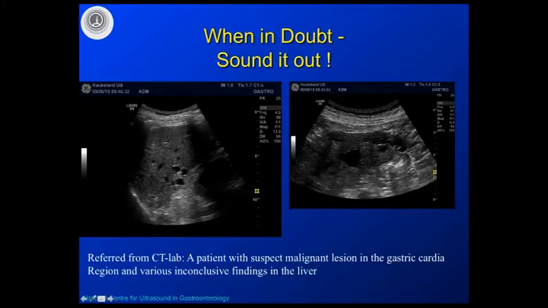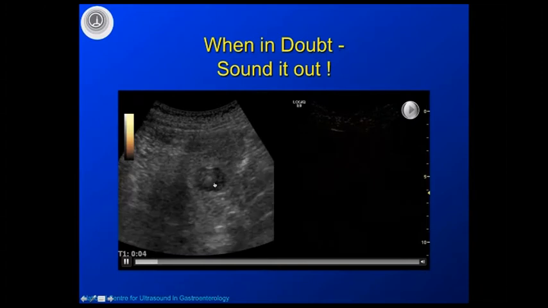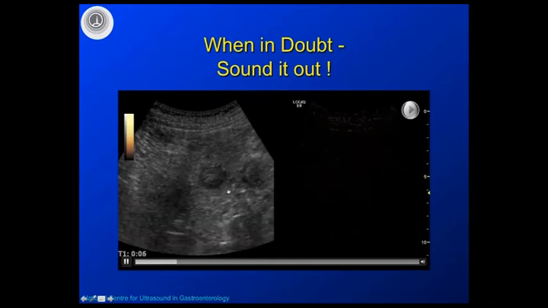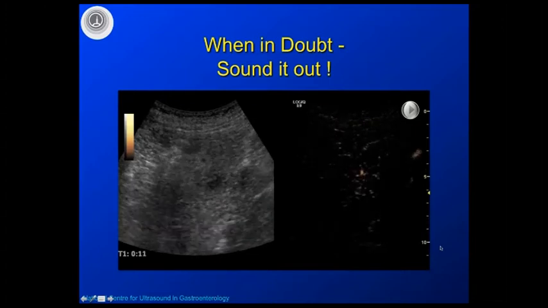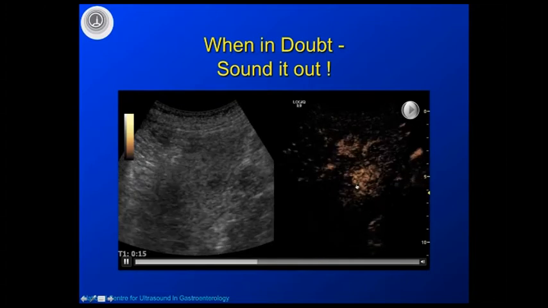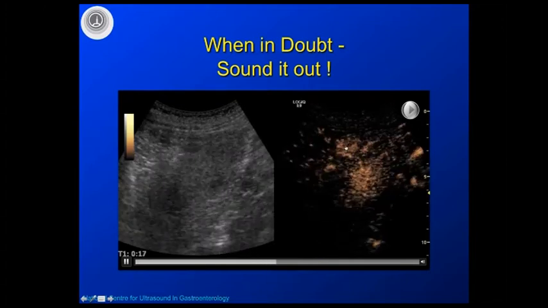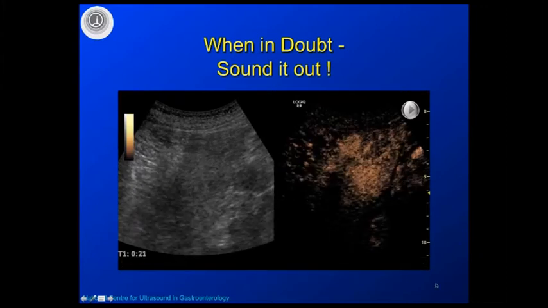And this is the B-mode appearance, and some of the lesions were like this, and we shall now inject to see what happens. There is one lesion there, there is one lesion here, and let's look in the arterial phase at how that appears. You may appreciate that there is an enhancing lesion there, and there is an enhancing lesion there, not acting like a cyst.